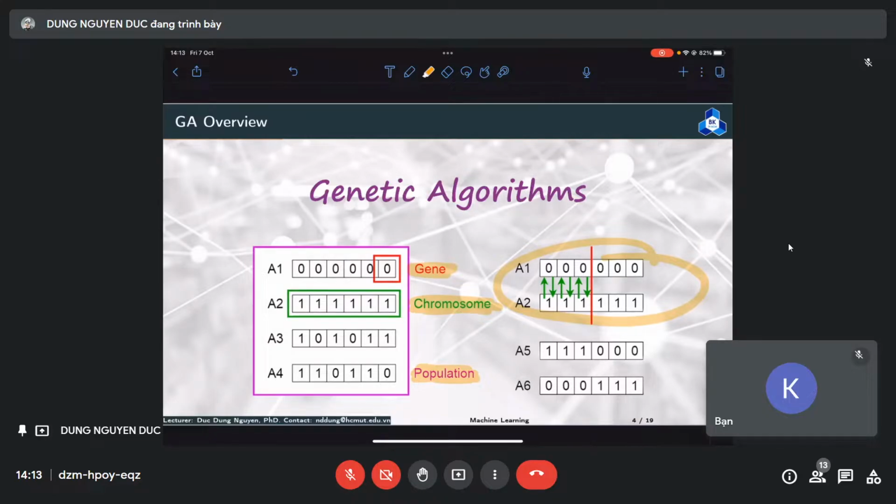So from two individuals A1 and A2, you make two offspring A5 and A6, whose content, as you can see, is swapped in the middle. Okay, so that's some simple terminology you may have in genetic algorithms, and there are more to go.